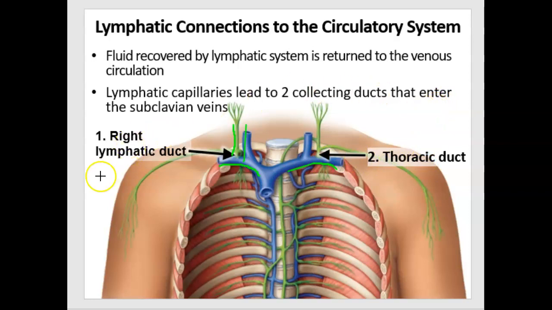The 2 ducts are called the right lymphatic duct and the thoracic duct. And we will do the lymphatic system again later, and those names will come back and we'll cover them again. For now, I'd like you to know that the fluid recovered by the lymphatic system is returned to our venous blood circulation. So it gets back into the blood, just not right away at the capillary bed.